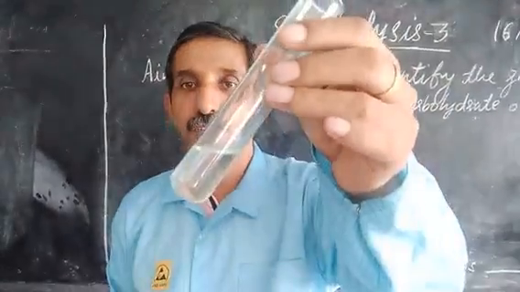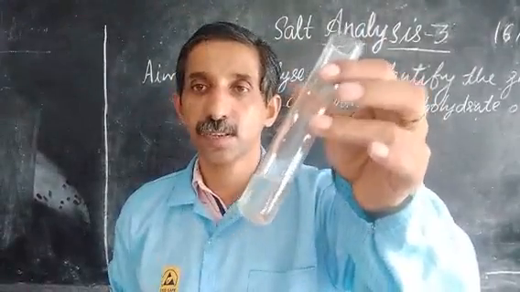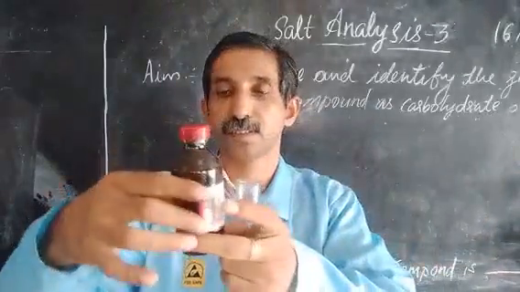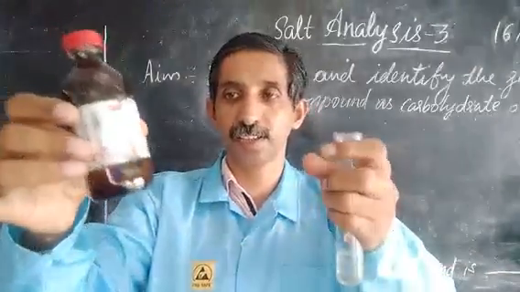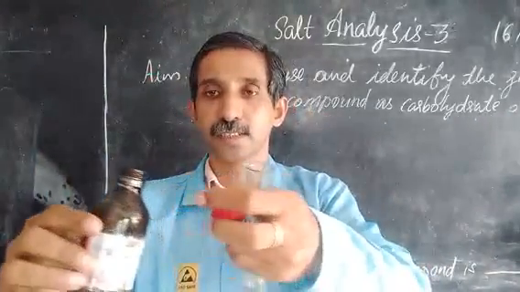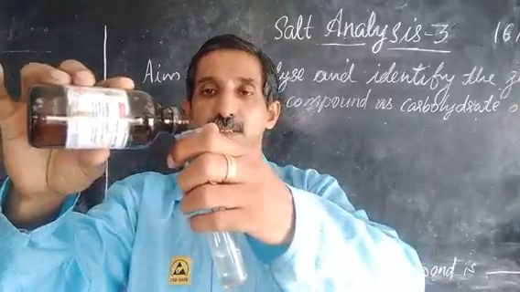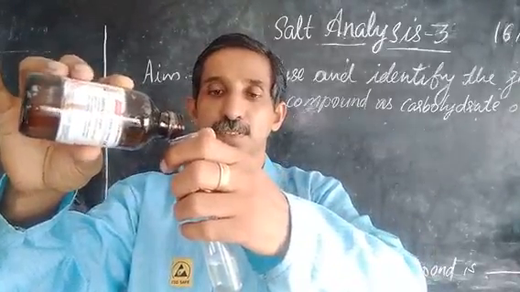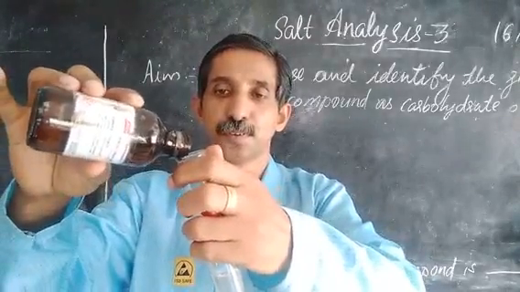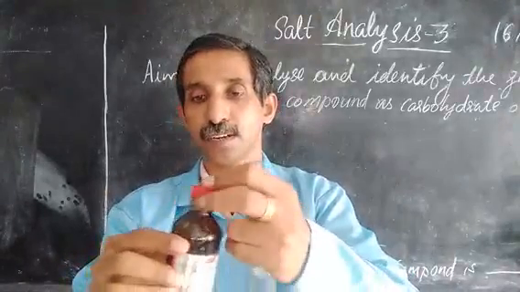So here we have the organic compound solution, okay, aqueous solution of it, and then we have Tollens' reagent. This is Tollens' reagent. It is ammoniacal silver nitrate, and we have to add Tollens' reagent into the mixture, and then we have to keep it boiling for 5 minutes without disturbing the contents.